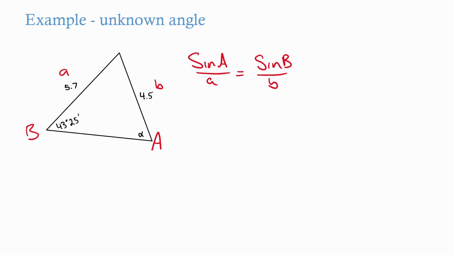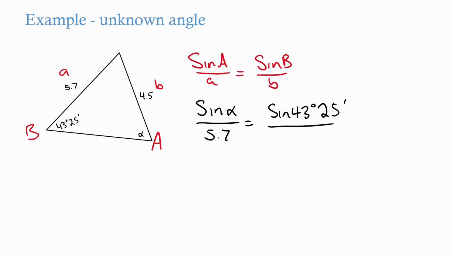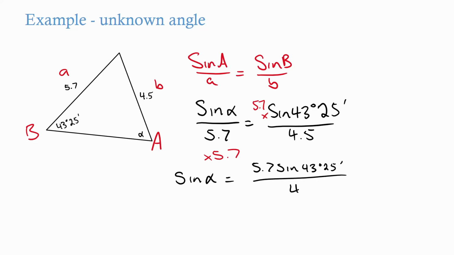Let's do our substitutions. We have sine alpha over 5.7 equals sine 43.25 over 4.5. We multiply our 5.7 up, so we multiplied out the front here. We end up with sine alpha equals 5.7 sine 43.25 all over 4.5.